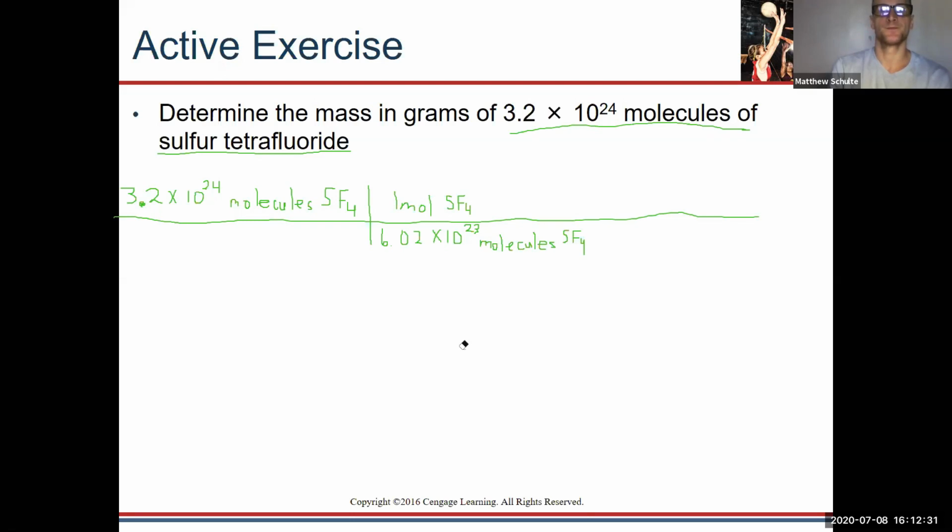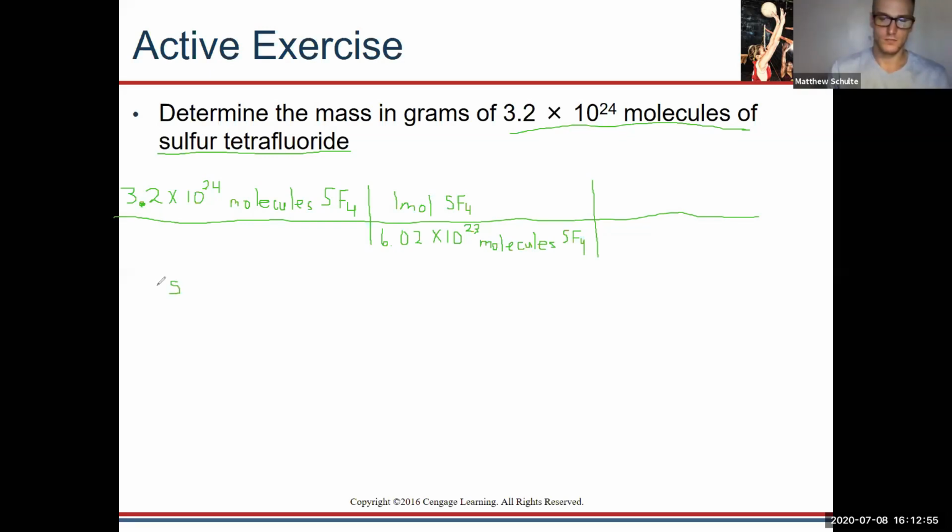Okay, so then what do we do next? Are we done? No. So now we're going to do the atomic masses. We have to know the atomic mass for sulfur and then fluorine, right? How many sulfurs do I have in sulfur tetrafluoride?